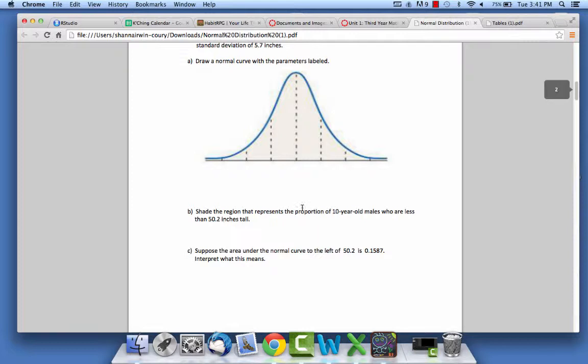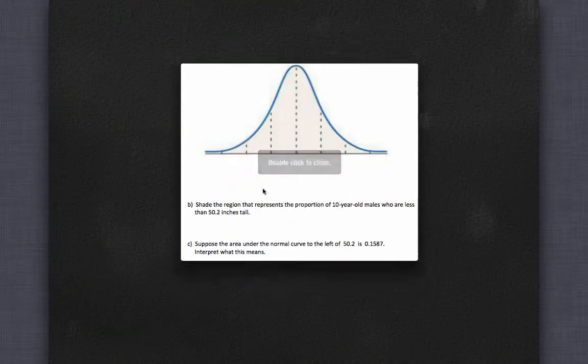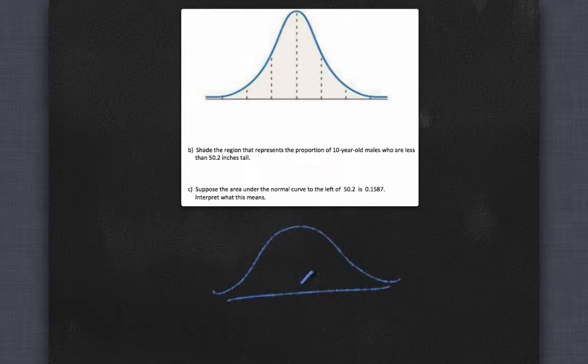So, to shade the region that represents the proportion of 10-year-old males who are less than 50.2, I guess I should have left those labels, shouldn't I? So I had them labeled before, and 50.2 was this one right here.